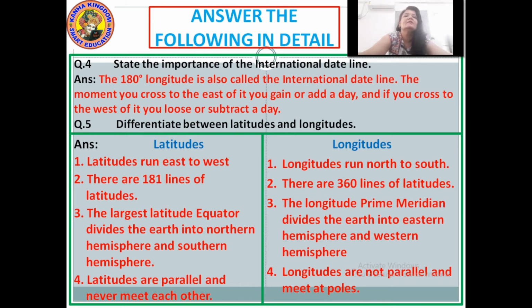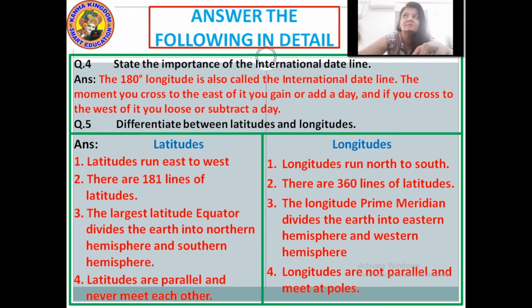Next, in latitude, point number 3. The largest latitude, the equator, divides the earth into northern hemisphere and southern hemisphere.